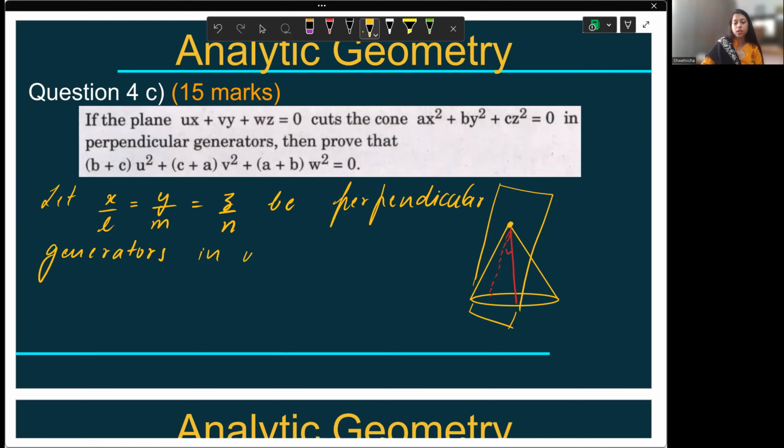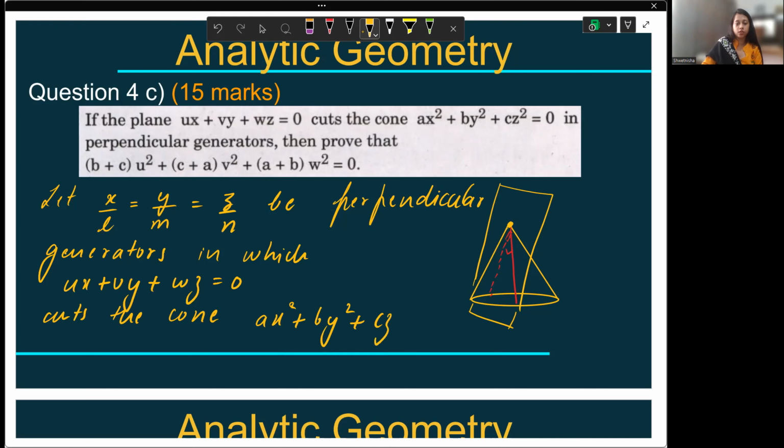in which the plane ux plus vy plus wz equals 0 cuts the cone ax square plus by square plus cz square equals 0. Now the question is, why have I taken one line if I know that there are two lines?